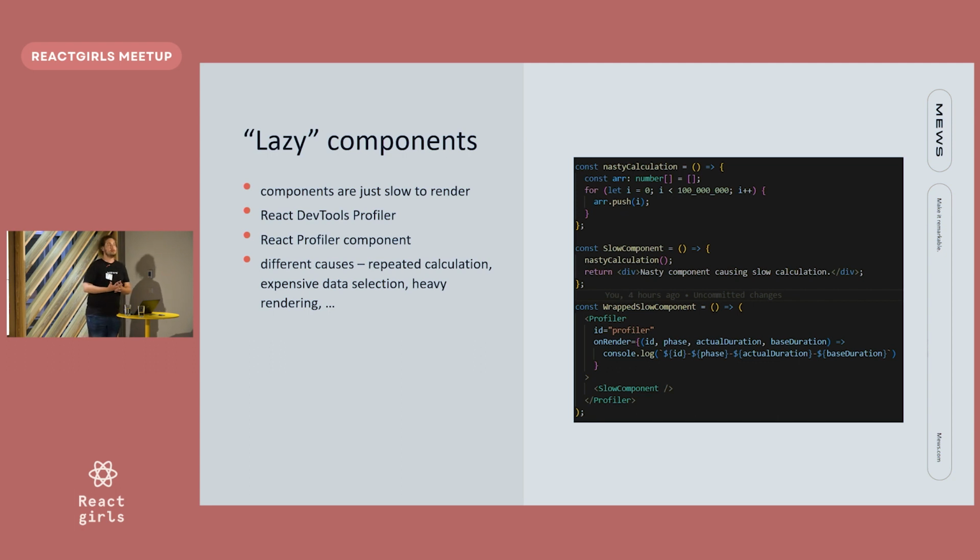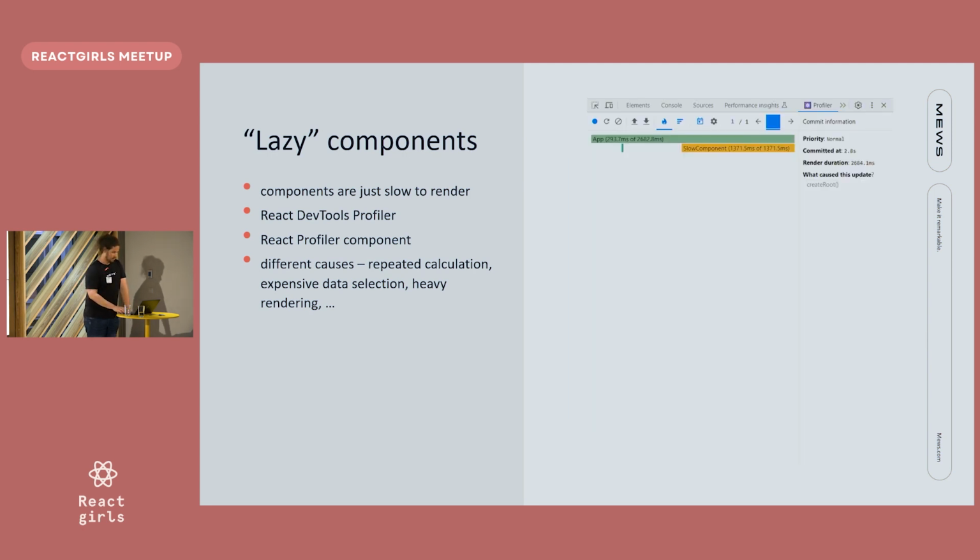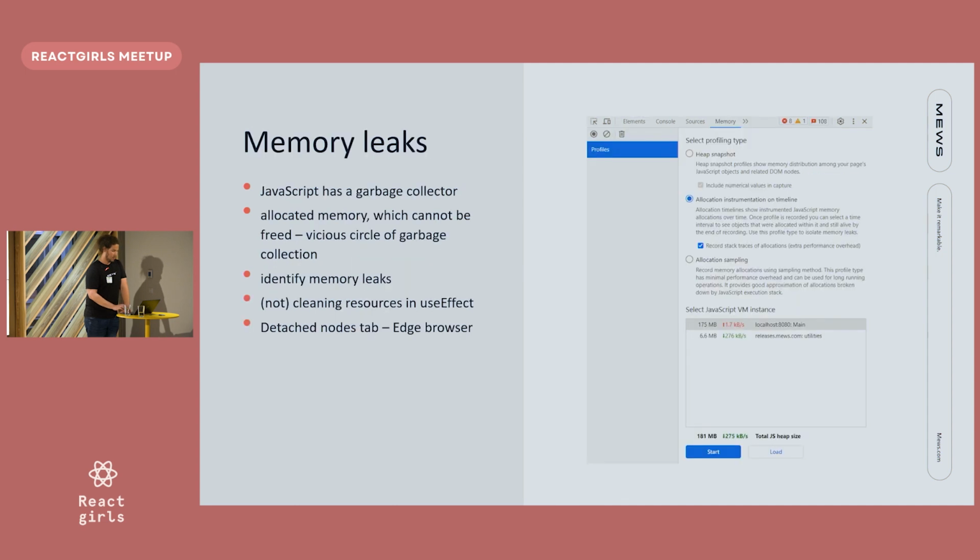One important thing to mention is that profiling is only enabled in development builds and profiler builds. It is disabled in production builds. So if you want to enable it in production, you have to switch to the profiler build. Okay, so any questions so far?